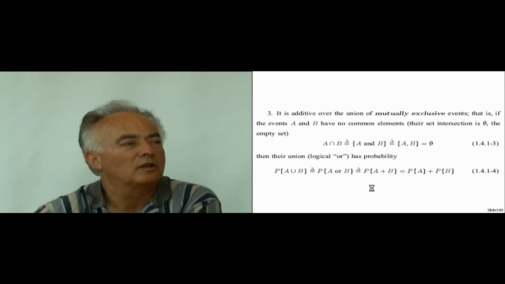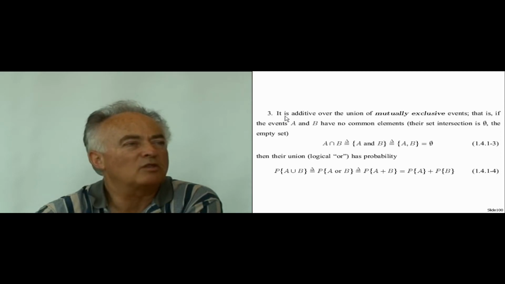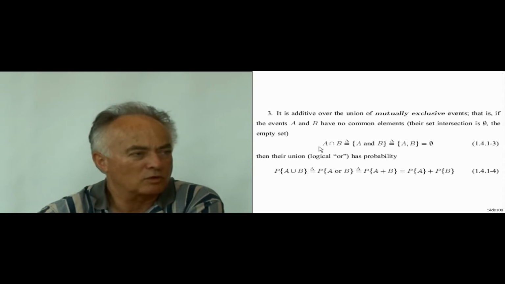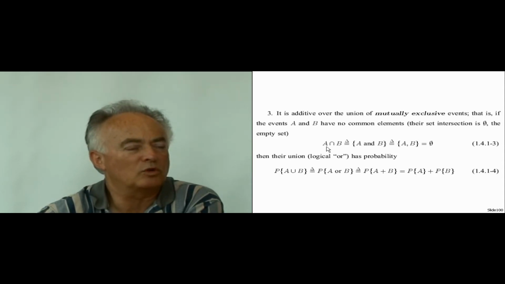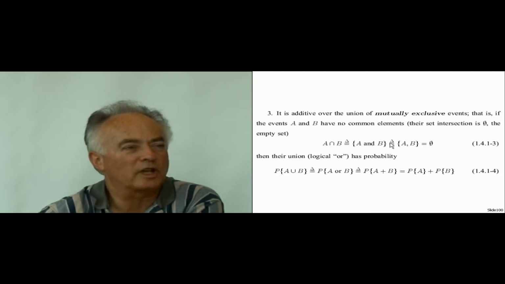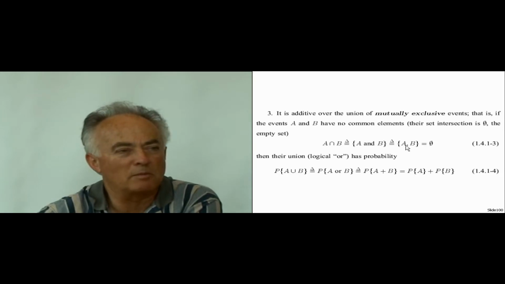Third one, and that's very important, it is additive over the union of mutually exclusive events. That is, if the events A and B have no common elements, their set intersection is the empty set, then, and there are several notations we are going to use, A intersection B in set notation, same thing as A and B in logical notation, or the shorthand logical notation A, comma B, is empty.